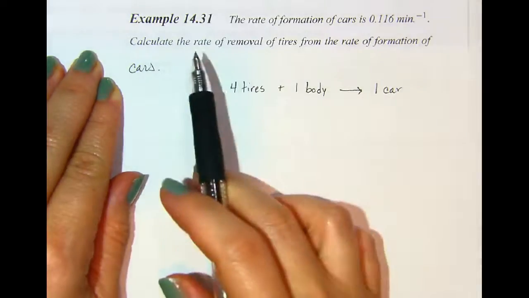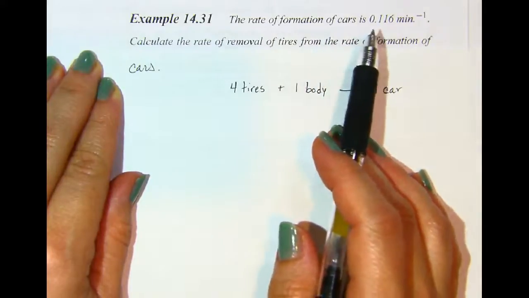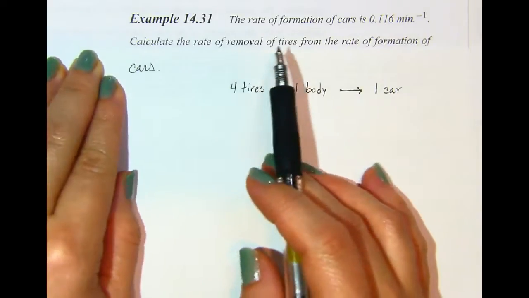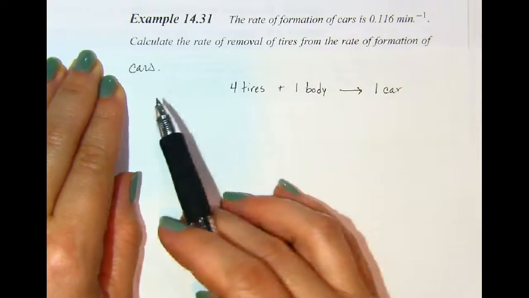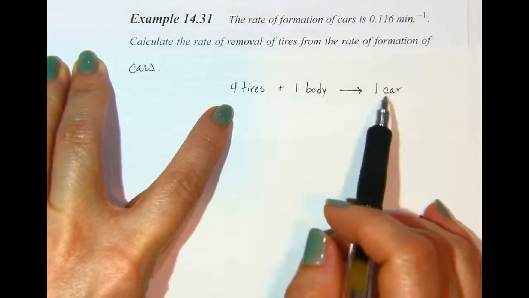So let's look at example 14.31. The rate of formation of cars is 0.116 cars per minute. Calculate the rate of removal of tires from the rate of formation of the cars. So here's the equation: 4 tires plus 1 body yields 1 car.